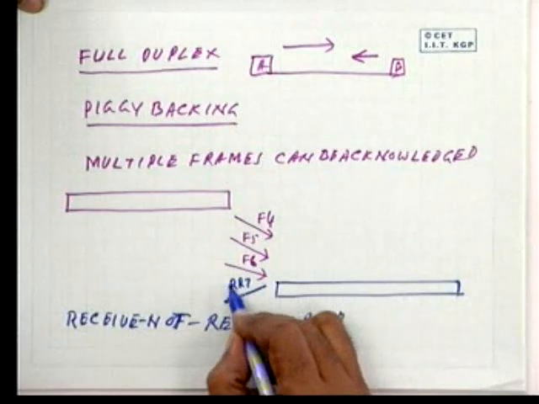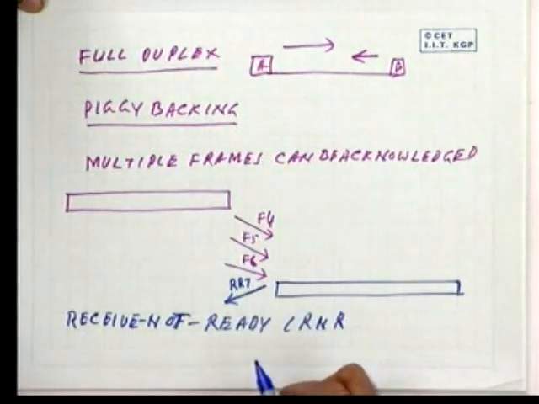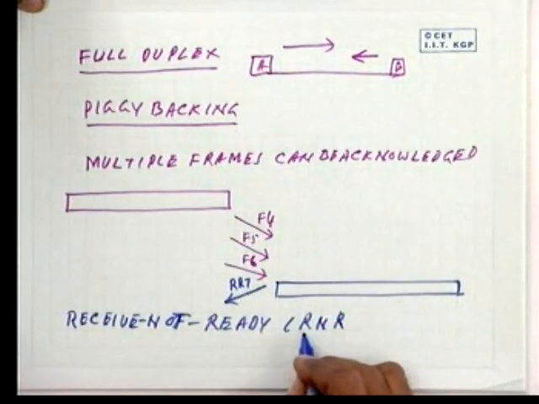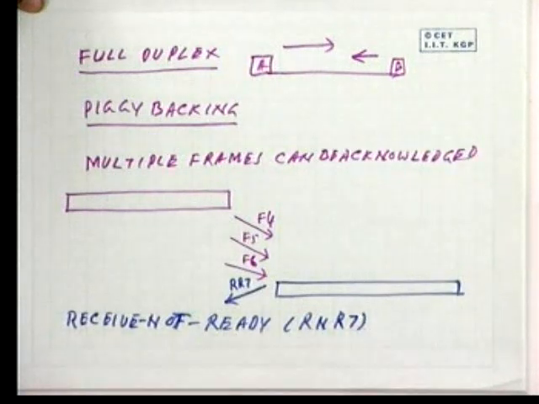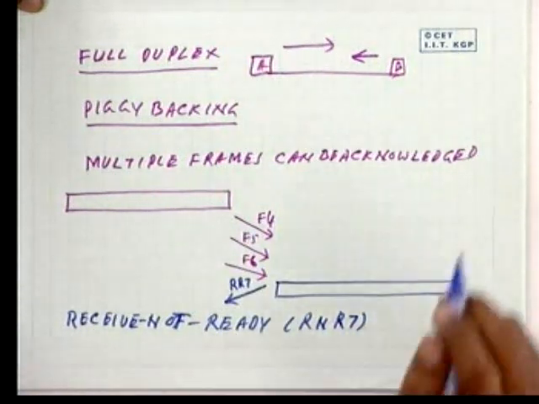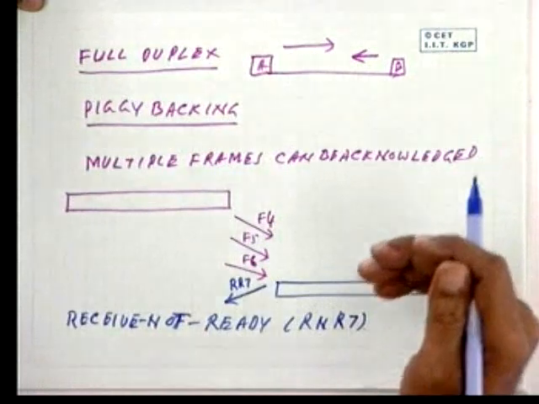For example, instead of RR7, if it sends RNR7, it means that the receiver has received up to frame number 6, but it is not ready to accept frame number 7.